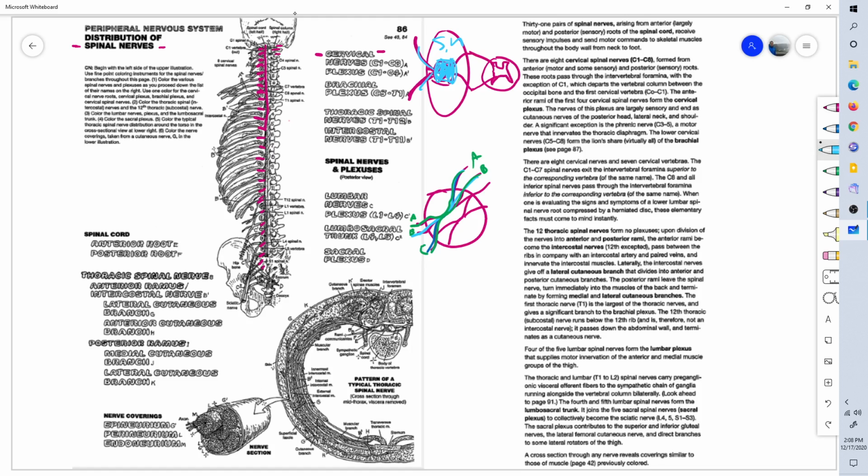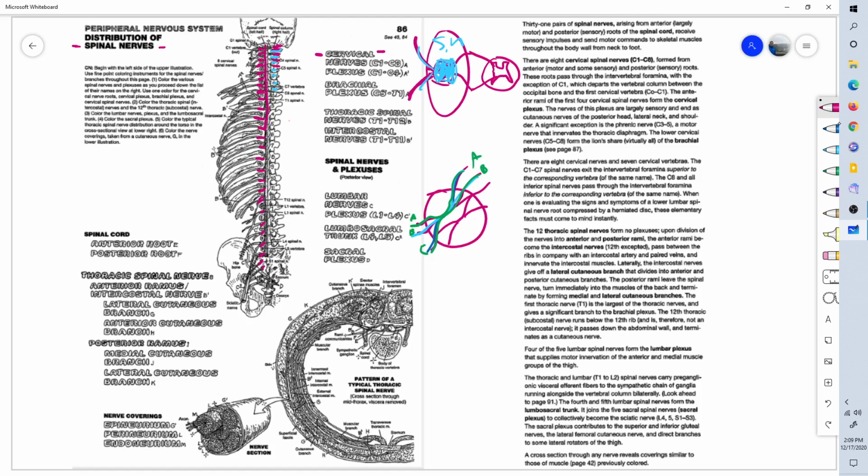Let's define that here. Here's the vertebra C1 right here. Here's the second vertebra C2, the third C3, C4, C5, C6, C7. Now watch the nerves. Here's the first cervical nerve, the second cervical nerve, the third in between 3 and 4, the fourth, between 4 and 5.